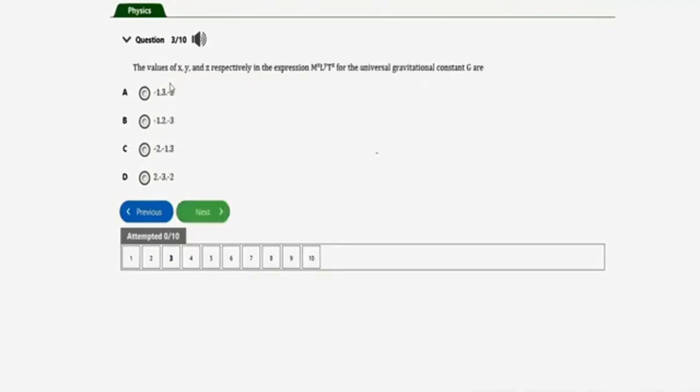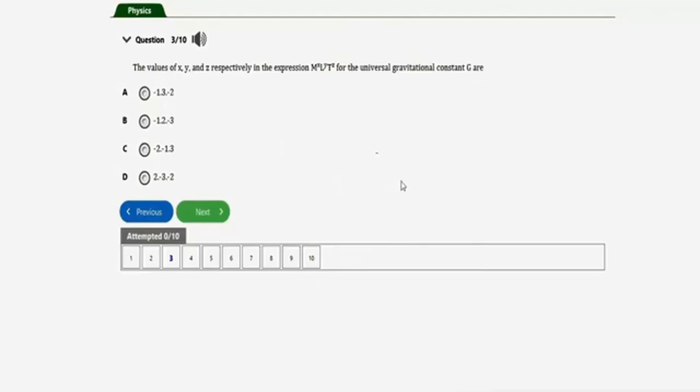So it says the values of x, y, and z respectively in this expression for the universal gravitational constant G are. Alright, so this question is actually very simple.